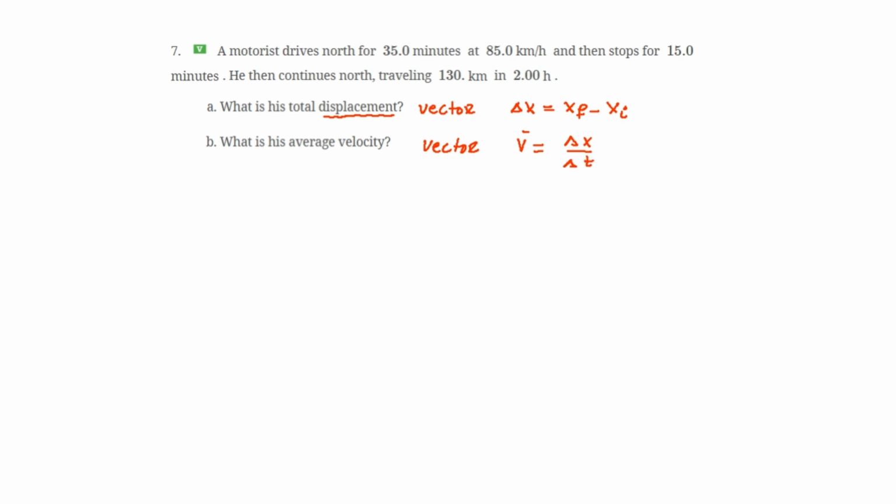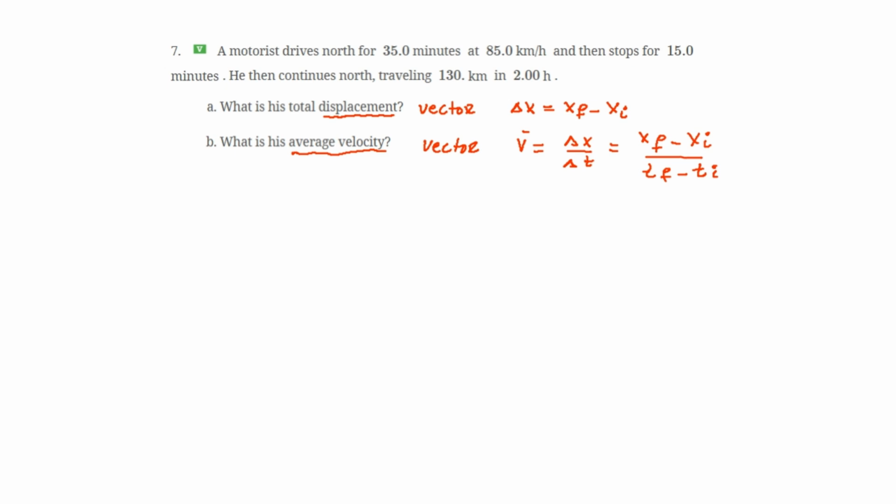So it will be x final minus x initial over t final minus t initial, right? This would be the average velocity, right? So the first thing we're going to do is to find the total displacement.